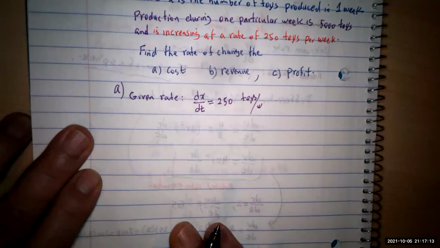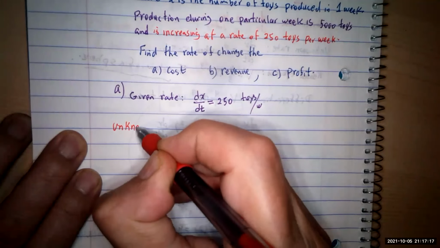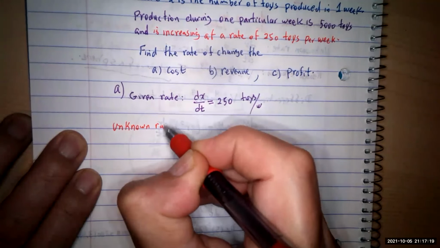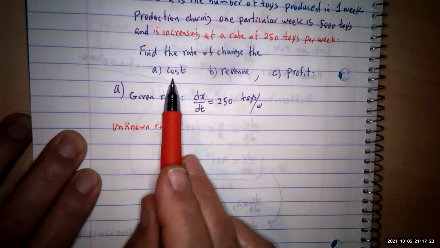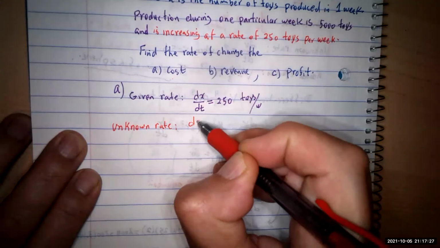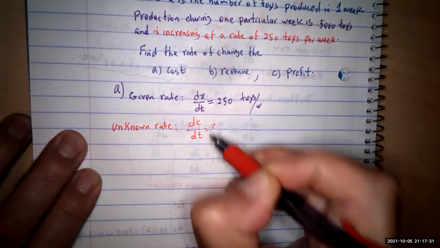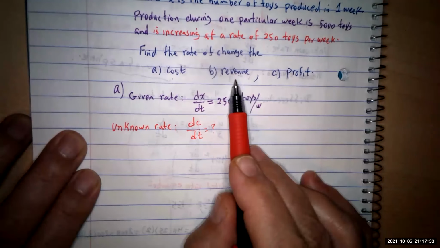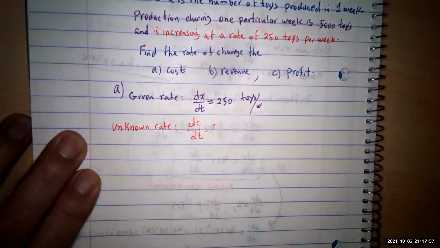Any question? What's the unknown? The unknown rate for part one is the cost. Rate of the cost, cost is dC/dt. For this one it is dR/dt. For this one it is dP/dt, the profit.